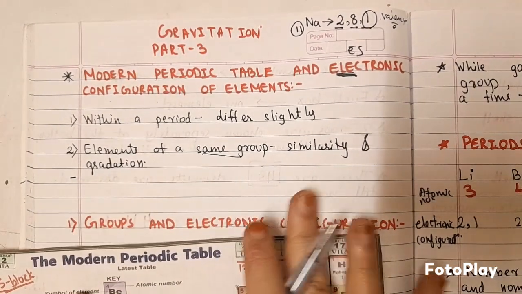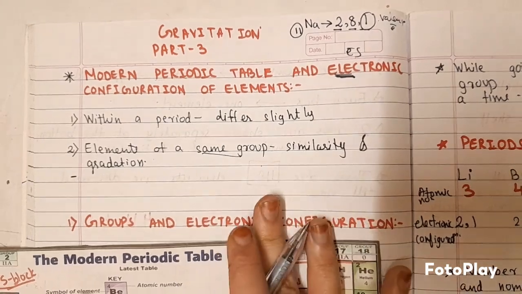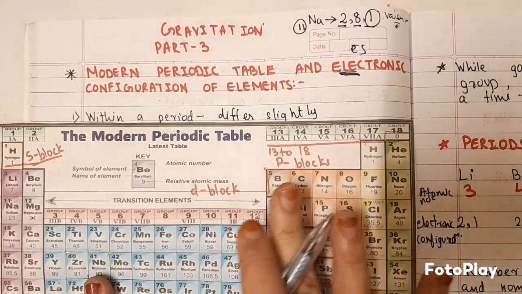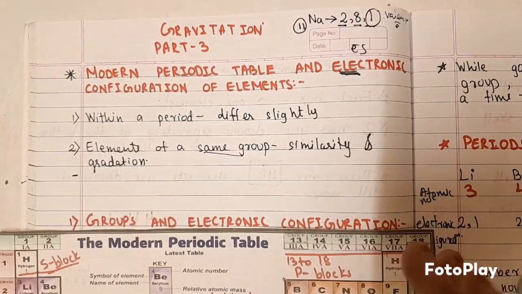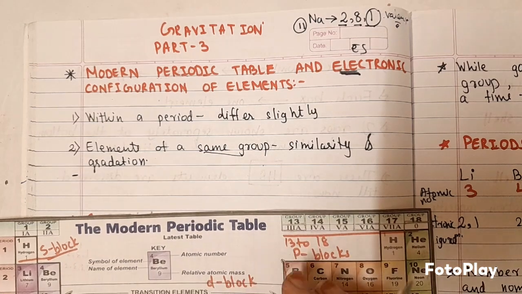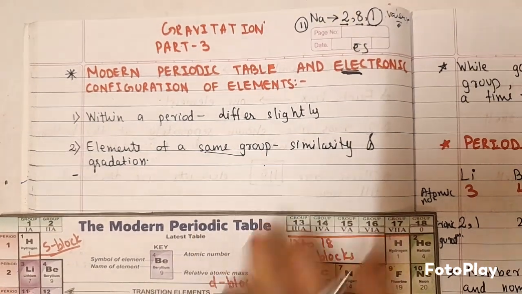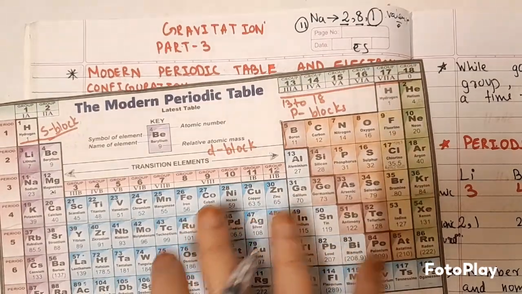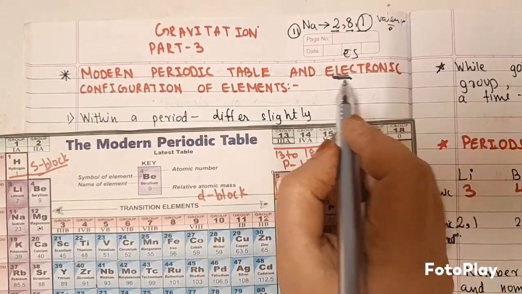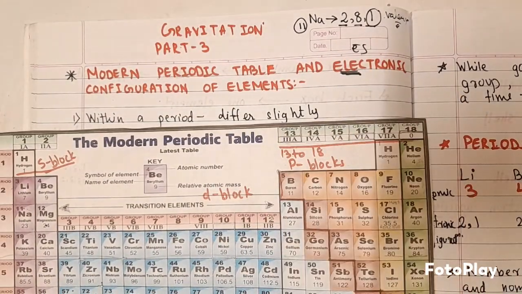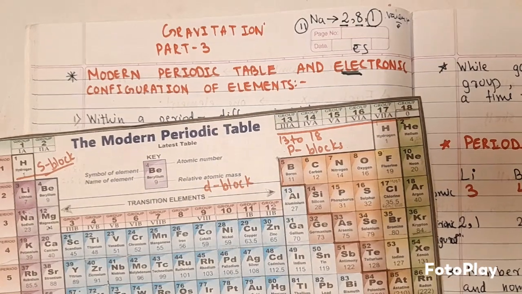These characteristics of groups and periods in the modern periodic table are because of the electronic configuration only. It is the electronic configuration of an element which decides the group and period in which it is to be placed. So it's all about the electronic configuration of the elements.